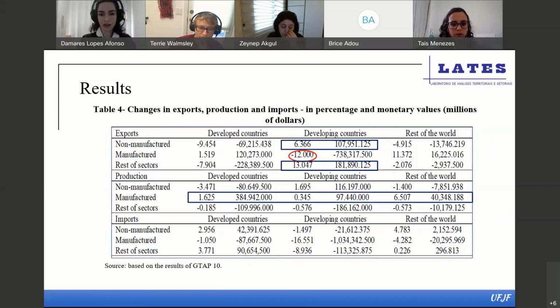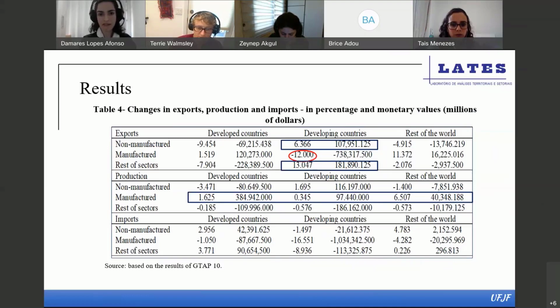We also can say that developing countries experience a comparative advantage in non-manufacturing sectors and in the rest of the sectors due to the positive transaction costs associated with their manufactured exports.